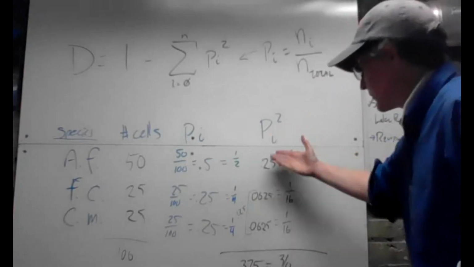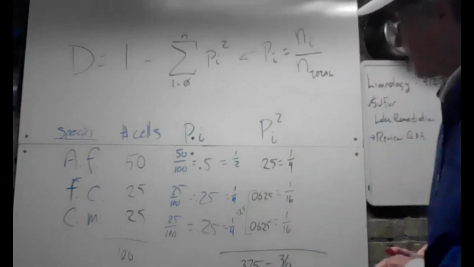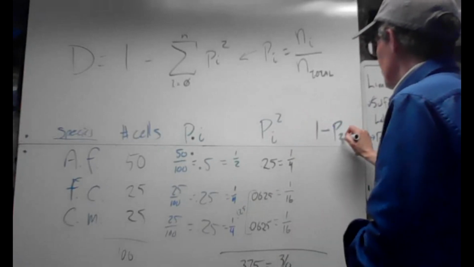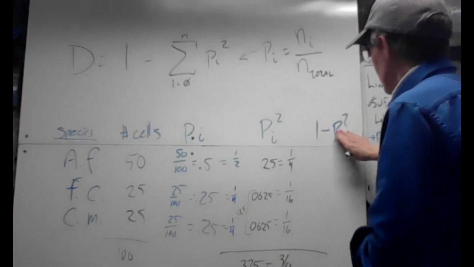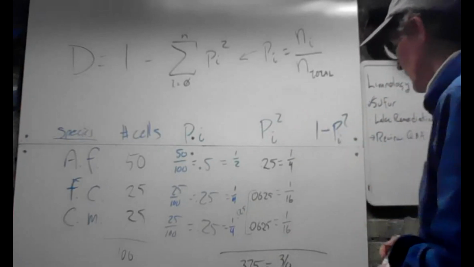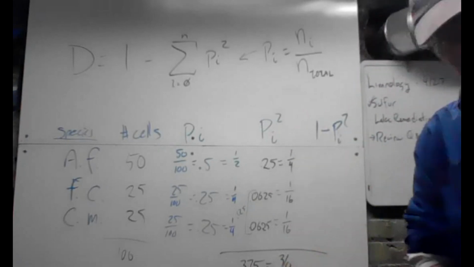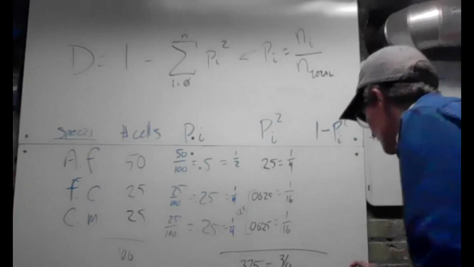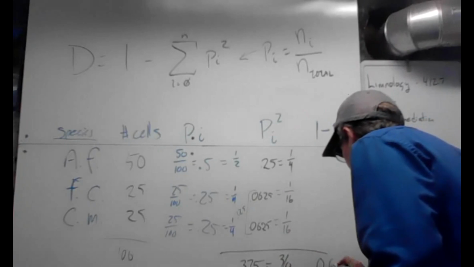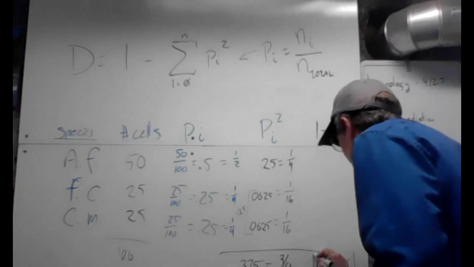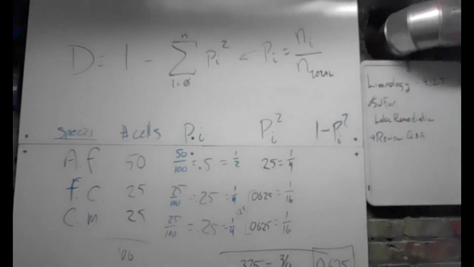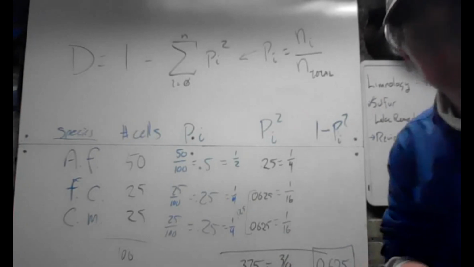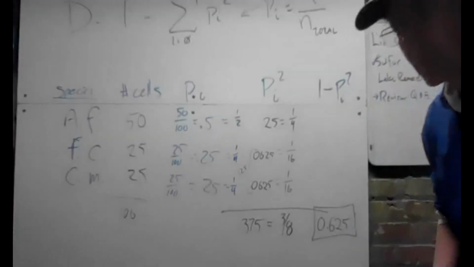So that's the sum of these numbers. And then 1 minus the sum of p squared is going to be 5/8, or 0.625. So that's the answer.